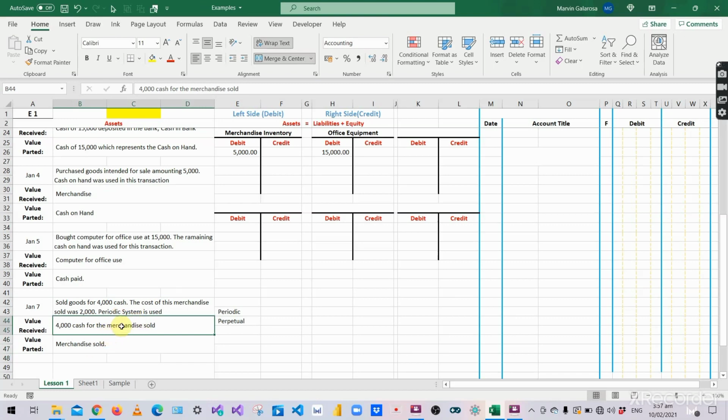For value received, nagkaroon ng dalawang increase. Yun ay sa cash on hand, saka sa income. For the income, ang gagamitin natin na account, since ang sari-sari store ay isang merchandising business, we will use the sales account.